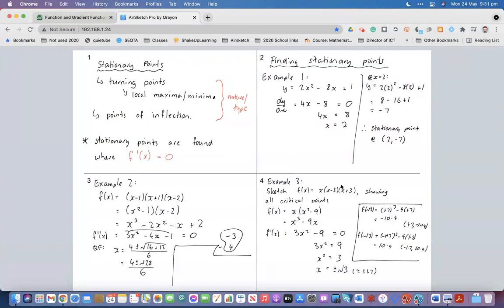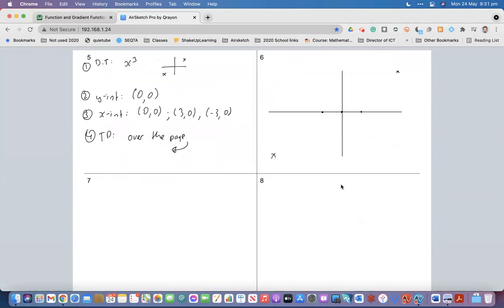And we know the turning points are 1.7 and about negative 10.4, up and down. So let's call that about 10.4 and that about 1.7. So that's negative 1.7, 10.4, and then we're going to have another one about there, which is going to be 1.7, negative 10.4.